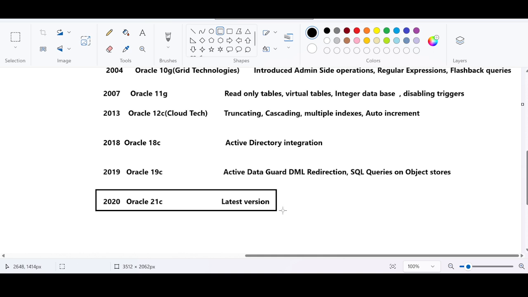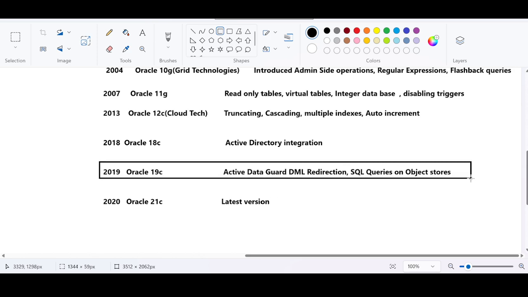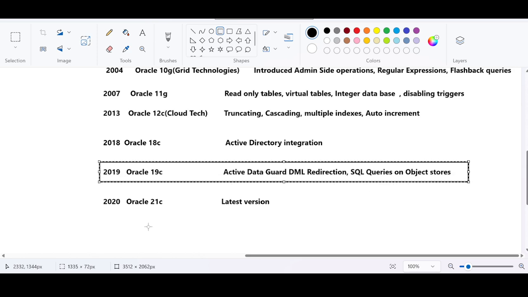Only if a few companies start migrating, based upon their feedback, do they start to migrate. If not, they will remain. If they are happy with 19C, they will stay with that, no matter how many versions are released. If their work is fulfilled with 19C itself, they are okay with that.